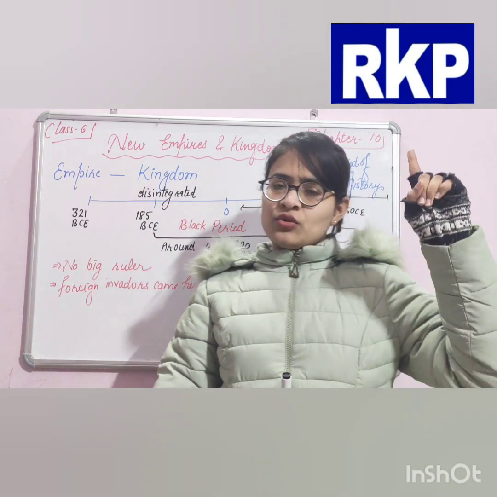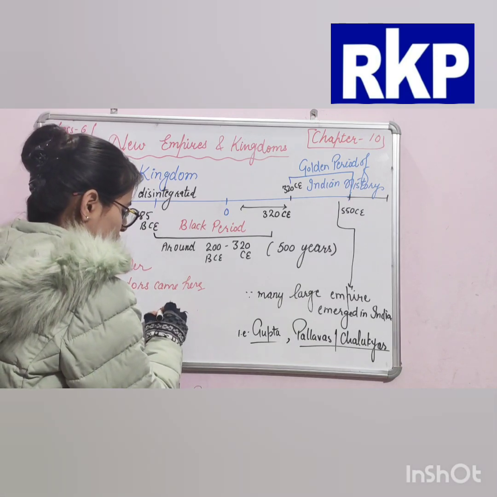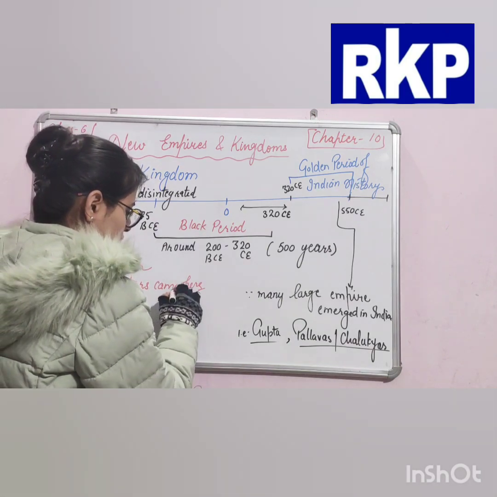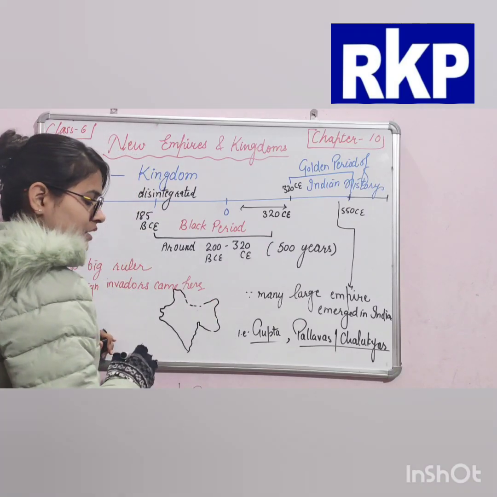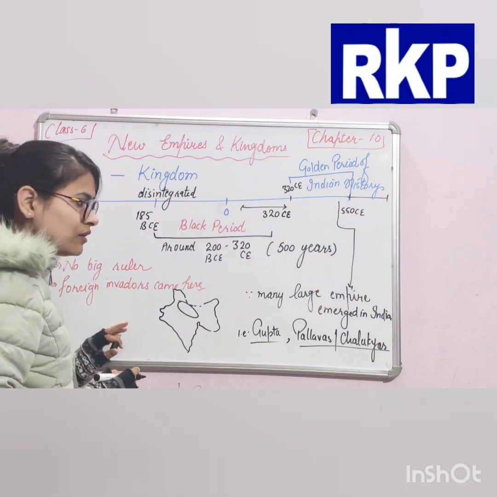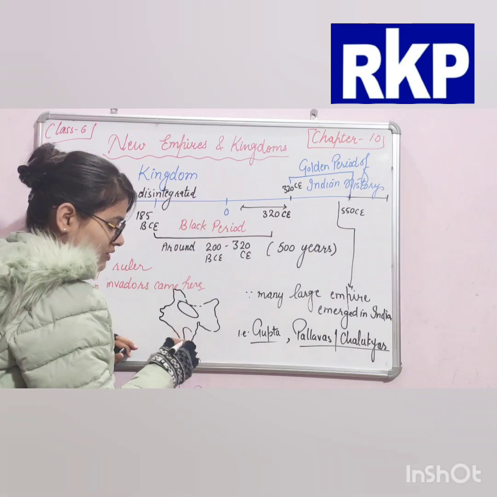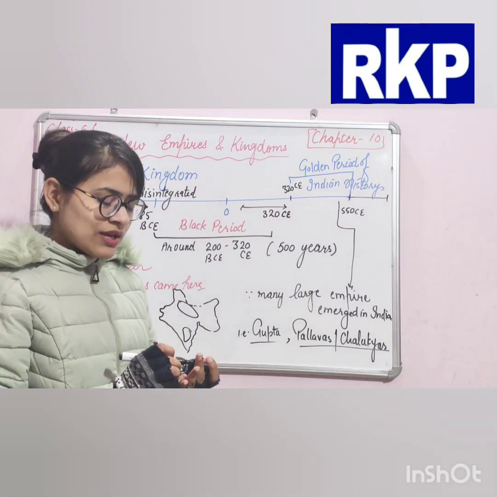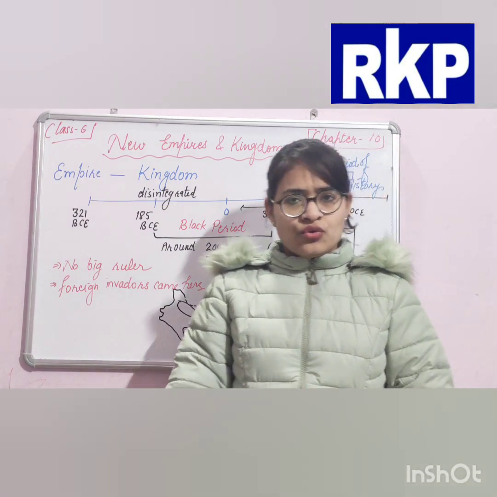In North India, the Gupta Empire was established, and in the South, the Pallavas, Chalukyas, Cheras, and Palas established their rule here.